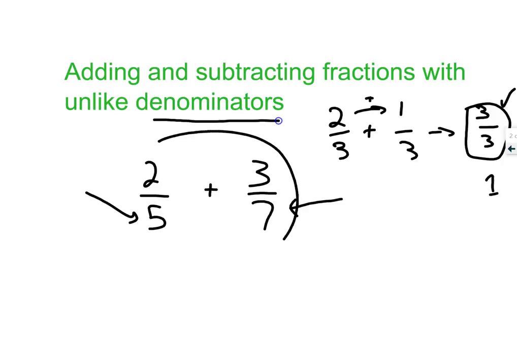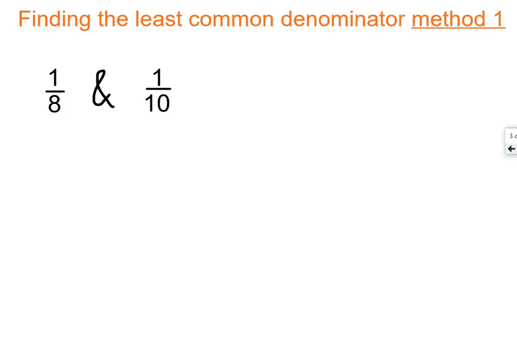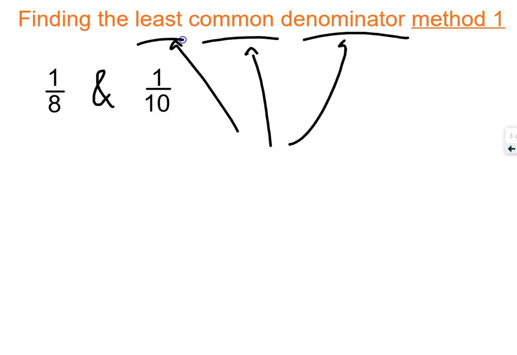In this scenario, there's something else you have to do. Let's go straight ahead and use our two methods of finding the least common denominator. The least common denominator is literally exactly what it says. We are trying to find the smallest number that is common to the denominators.